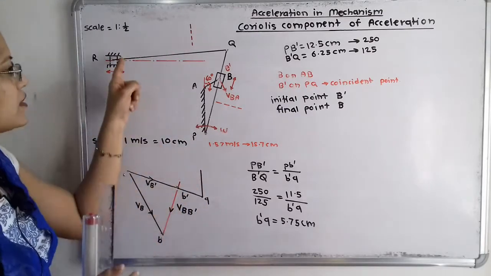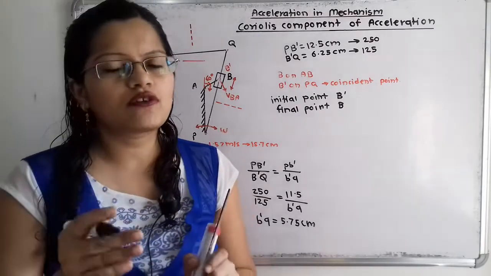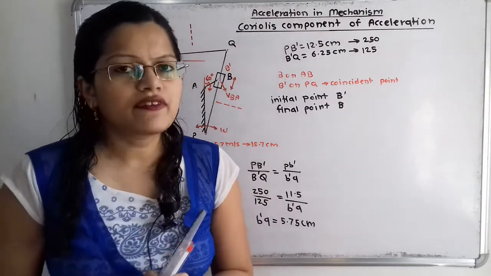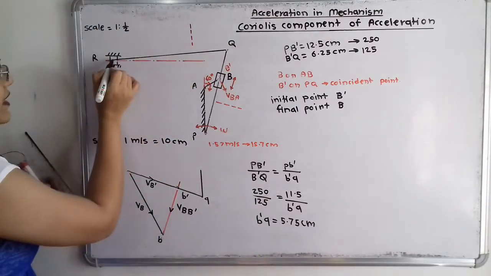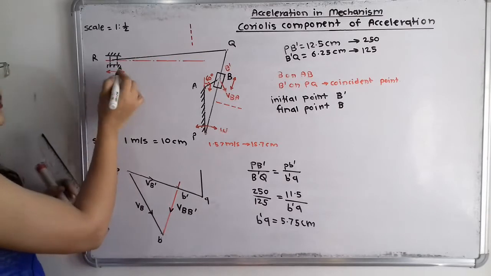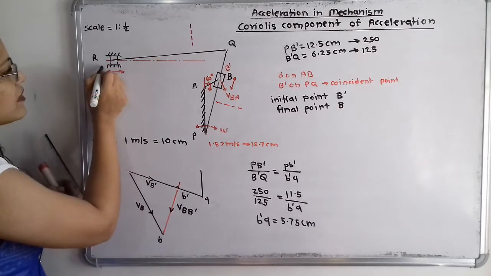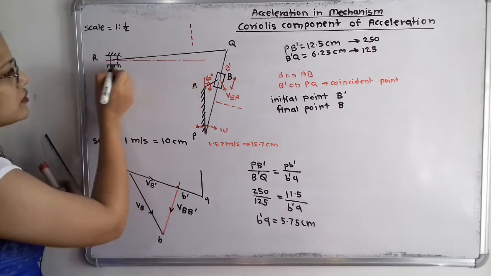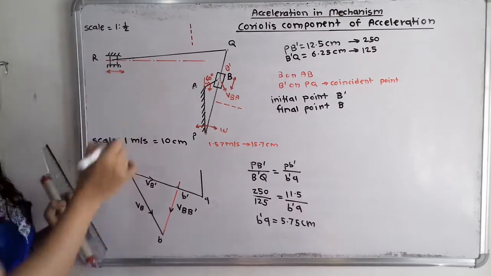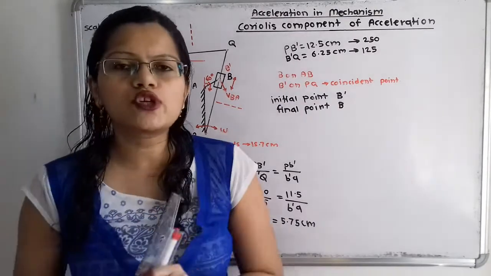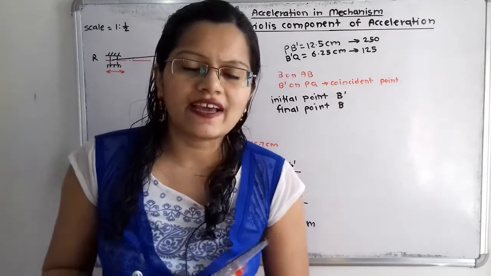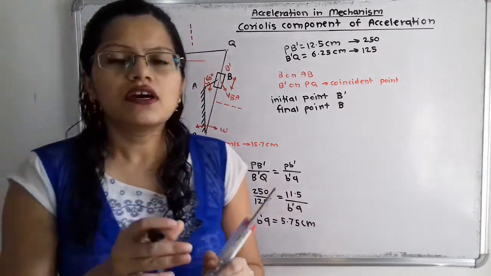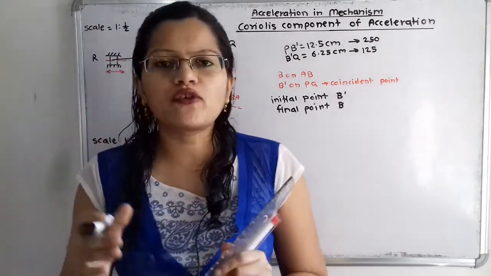Now exact location of this point R is unknown. Now if we observe at this point R, there is the ram which is having the motion along this horizontal line, and which is the reciprocating motion. So how to show this motion? So we know that this horizontal motion is with respect to fixed point.